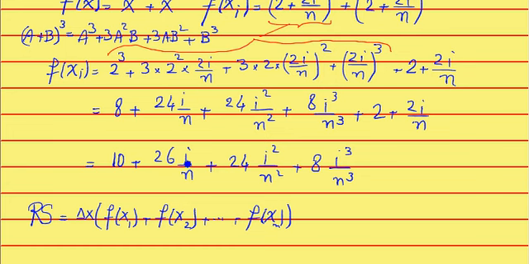That means I should take i to be 1, that's going to be the first. i equal to 2, that's going to be second. i equal to 3, third. i equal to n is going to be the last one. Again, remember, we are using the right endpoint rule, so we are starting at 1 and going all the way to n. If you wanted to use the left, you would have started at 0, ended up at n minus 1. So this is the right Riemann sum, if you wish.